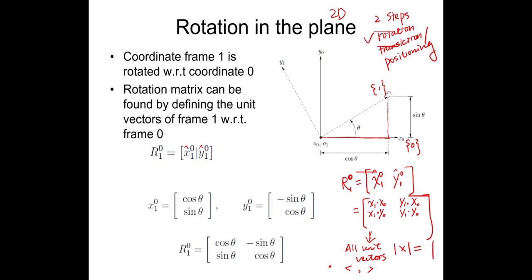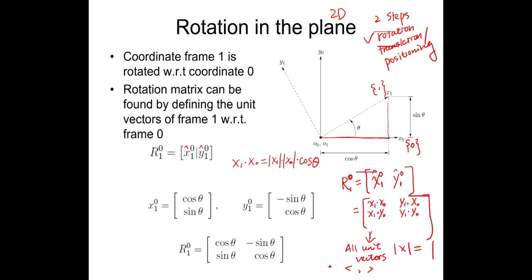So if we do the dot product of x1 and x0, if we don't know the coordinates, we just know the vectors, that is the absolute value, which means the length, times the length, times cosine of the angle, right?